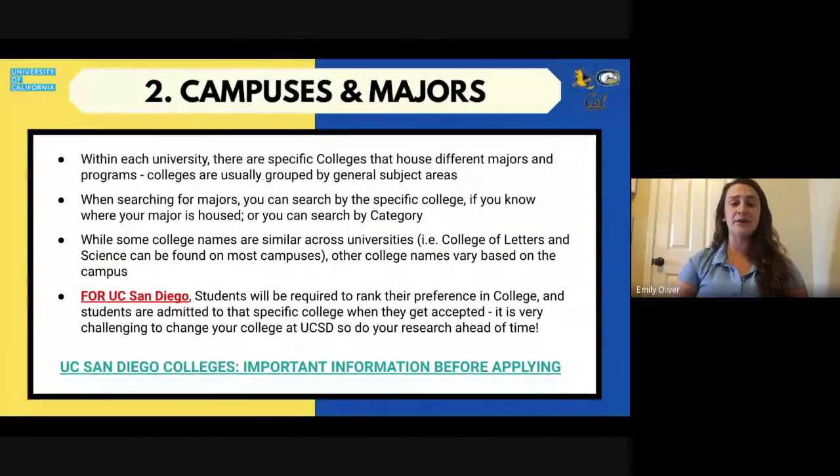When I did get accepted and I found out what college I was in, I didn't necessarily feel connected with the college that I got admitted to. I found out it was really hard to change that college at UC San Diego, and you really couldn't do it until your junior year. I wouldn't say that's the reason I didn't attend there, but that definitely was something that factored into which college I ended up attending. So again, this is just for UC San Diego, but I did want to point that out as well.